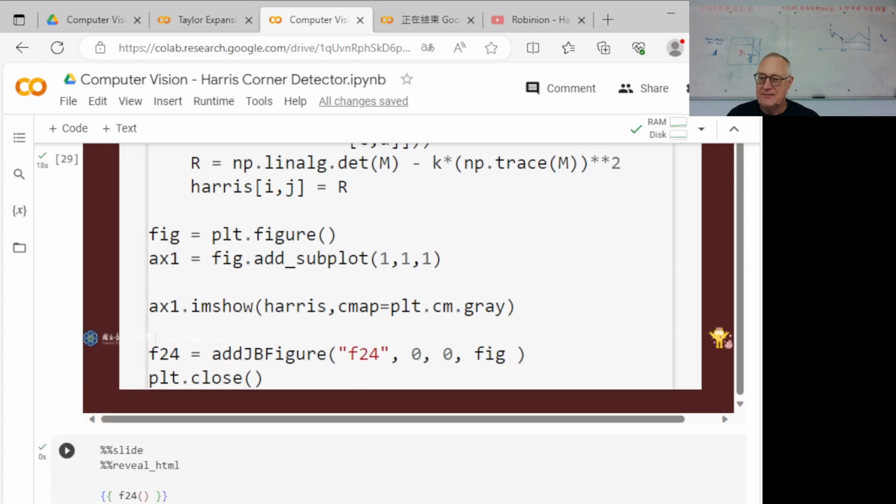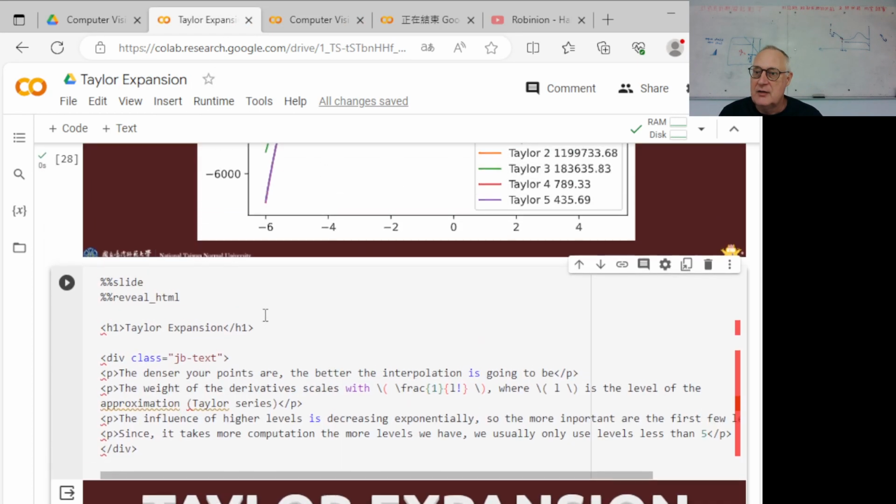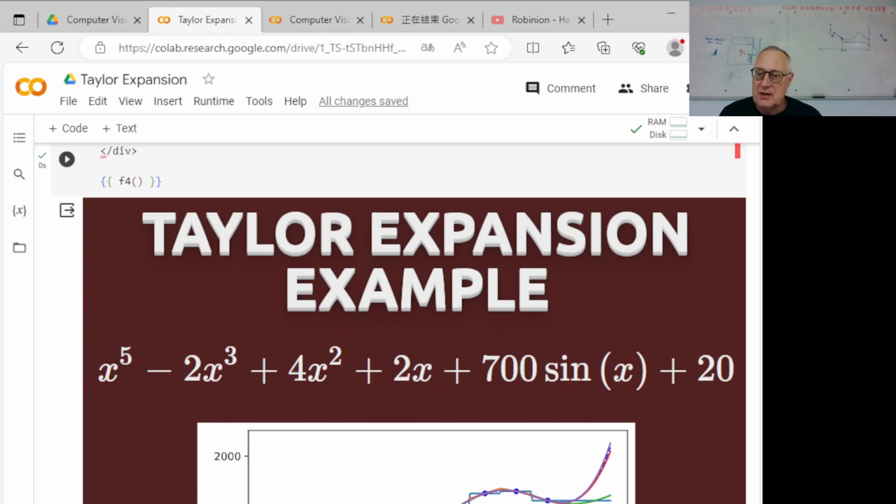Now, just out of interest, if you look at the Taylor expansion series, then any kind of interpolation here, linear interpolation, for example, does a pretty good job with approximating the function.